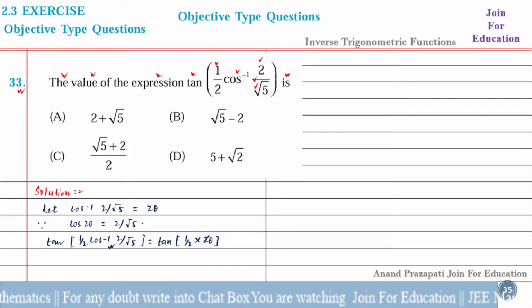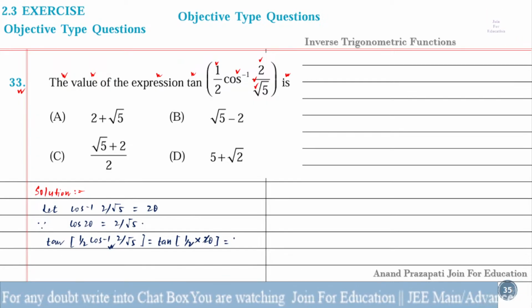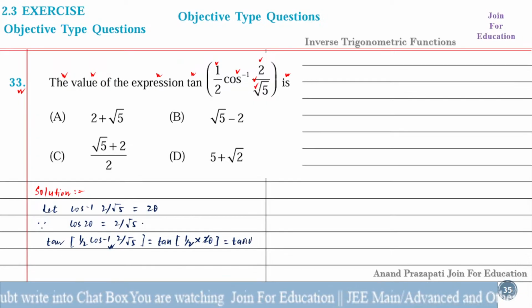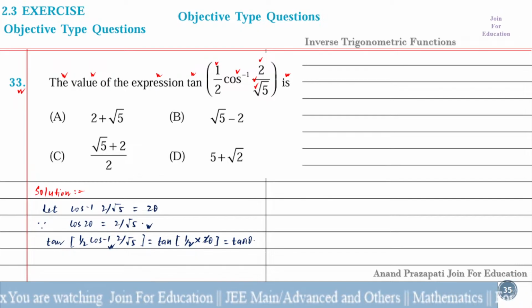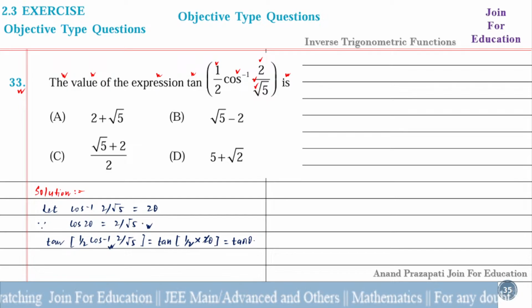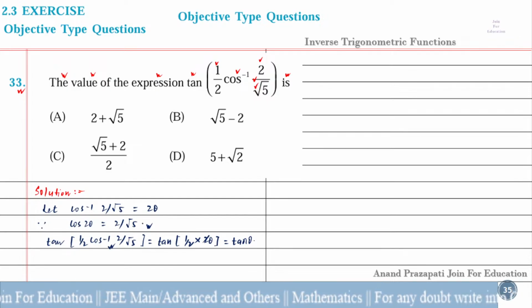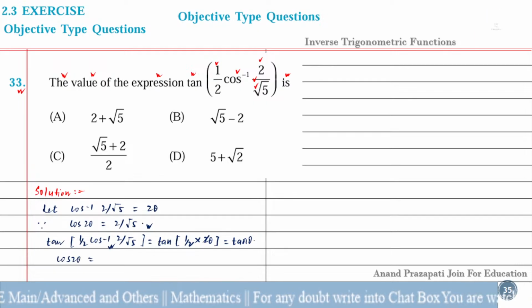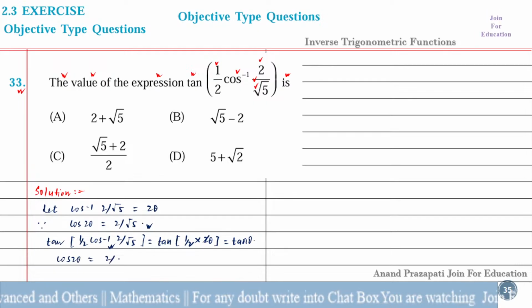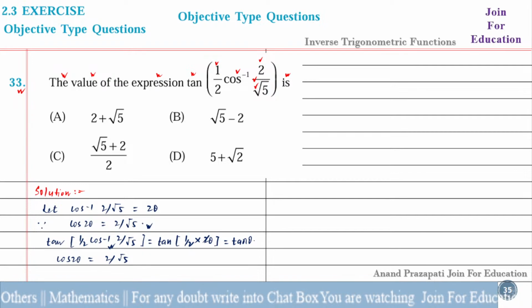We cancel out 2, then we get tan theta. So here cos 2 theta equal to 2 by root 5.